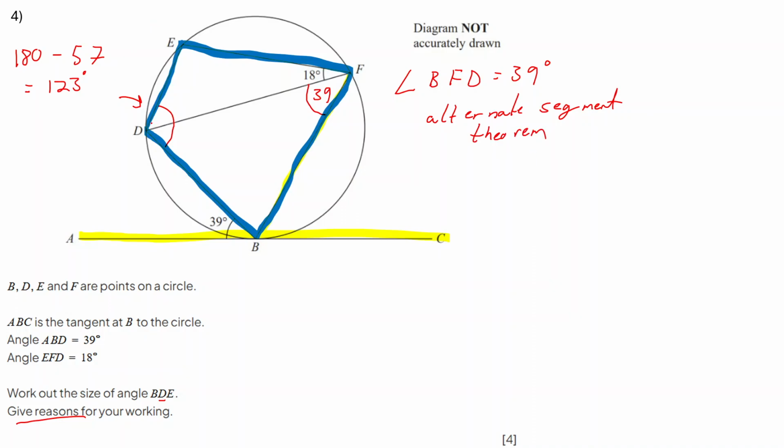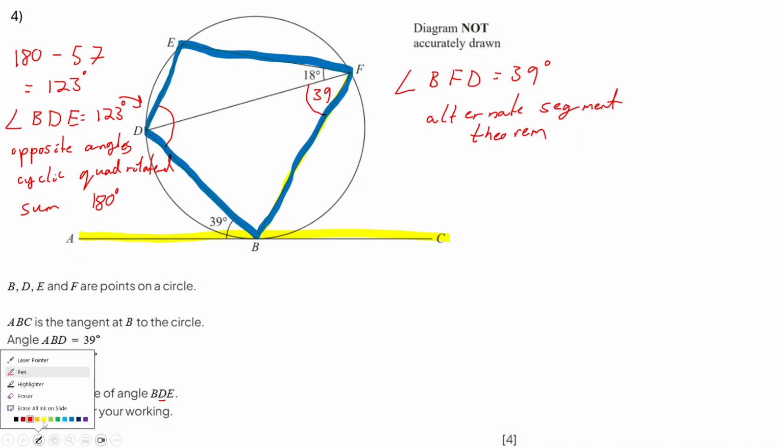And over here, this angle, angle BDE, which is the one that I'm after, is equal to 123. And the reason is opposite angles in a cyclic quadrilateral sum to 180 degrees.